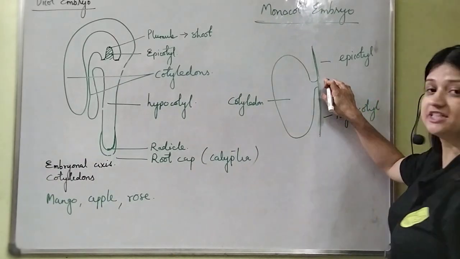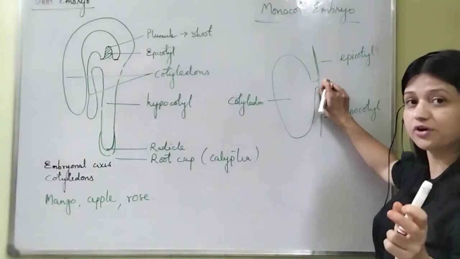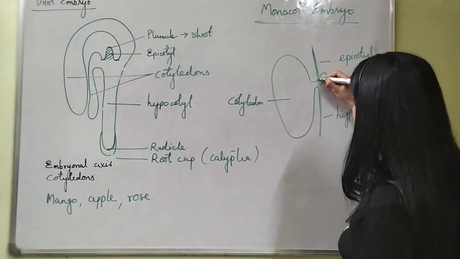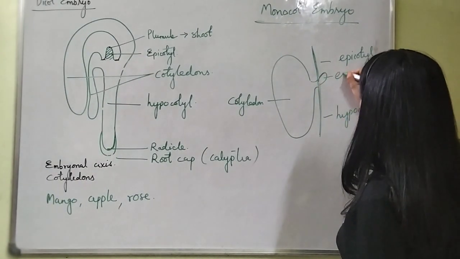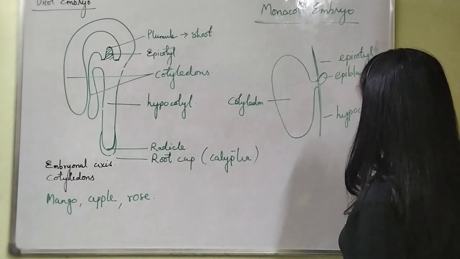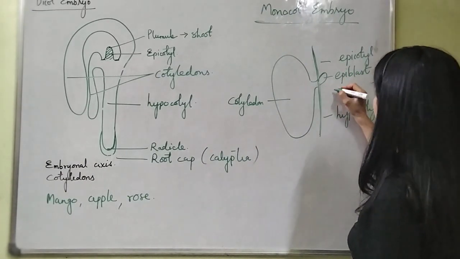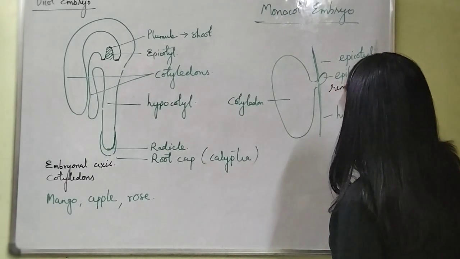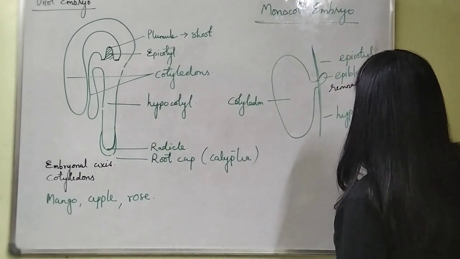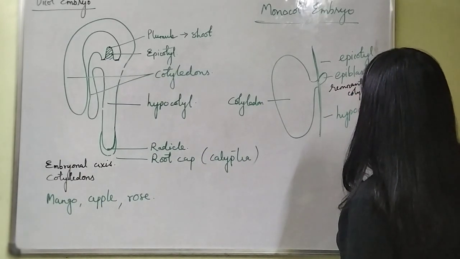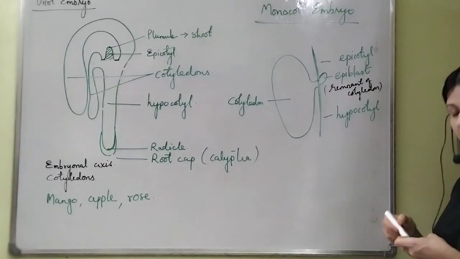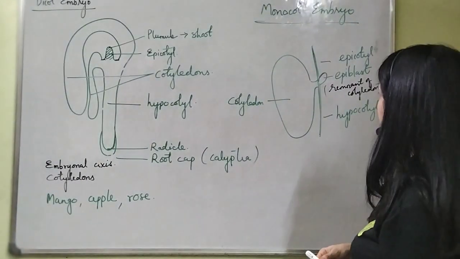Another cotyledon does not develop. जो दूसरा cotyledon होता है वो develop नहीं होता है, and that remnant of that cotyledon will be called as epiblast. याद रखेंगे बेटा, epiblast, it is the remnant of the cotyledon. That cotyledon which did not develop. Clear? And it will be called as epiblast.